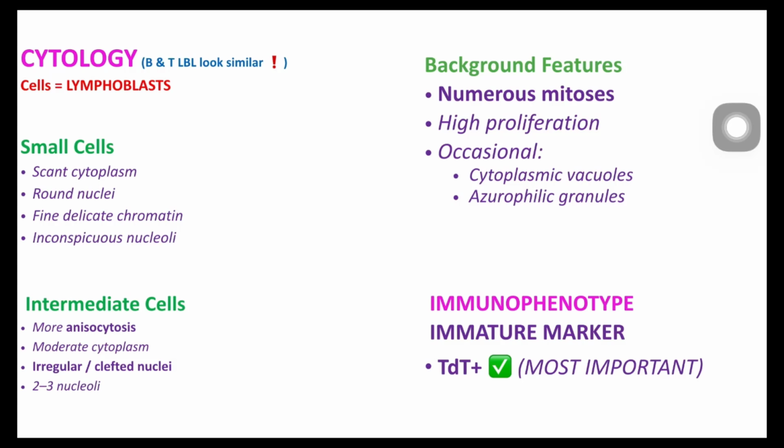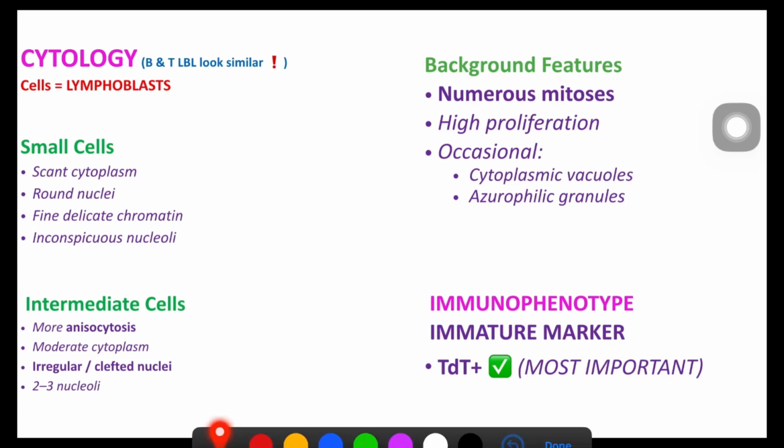But intermediate cells show more anisocytosis, moderate cytoplasm, classically irregular or cleft nuclei, and 2 to 3 nucleoli. Numerous mitoses are seen, which suggests a high proliferation rate. Sometimes you may find cytoplasmic vacuoles and eosinophilic granules. The hallmark is a marker of immaturity of the cell, which is TdT positive.